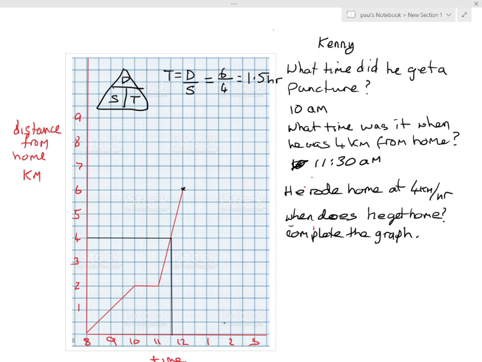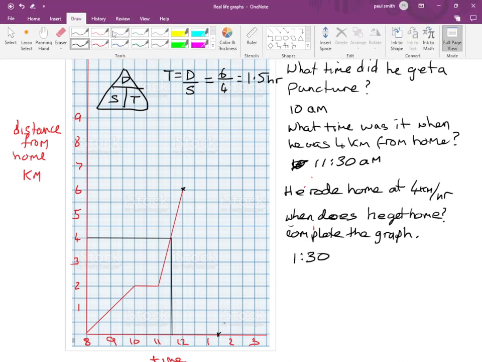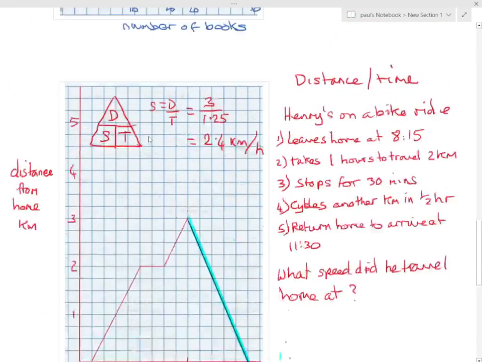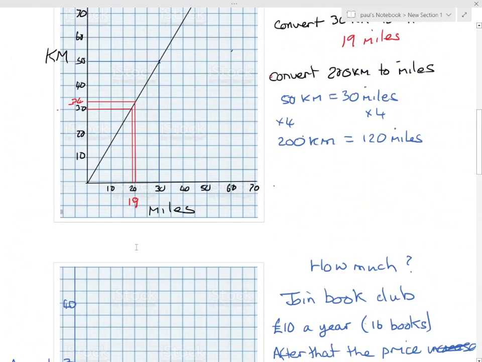From this point, which is 12 o'clock, 1 hour 30 minutes will take us to 1:30. 1:30 is the time he gets home, and to complete the graph you go from there down to 1:30. That's it. And there's the speed, time, distance, and real life graphs for you. And let's have a look at that.